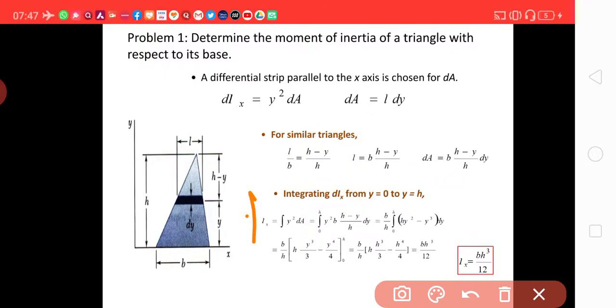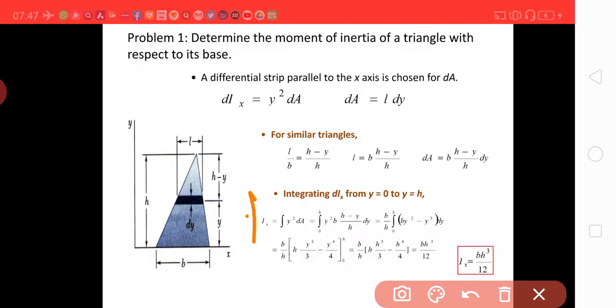So applying the principle of similar triangles, we have to reduce one dimension into another with the help of the standard dimensions. So by similar triangles you can say L by B equal to h minus y upon h, or L equal to B into h minus y upon h. So we have reduced this L in terms of y with the help of the constants B and h.